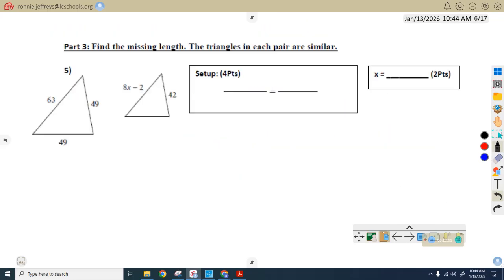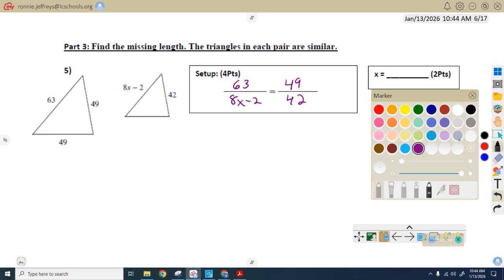All right. So for our setup here, okay, 63, and then 49 over 42. Now, if you did it the other way, if you had 8x minus 2 over 63, as long as these two things are being multiplied, I'm going to see, as long as you have this set up right, that's why this is 4 points.